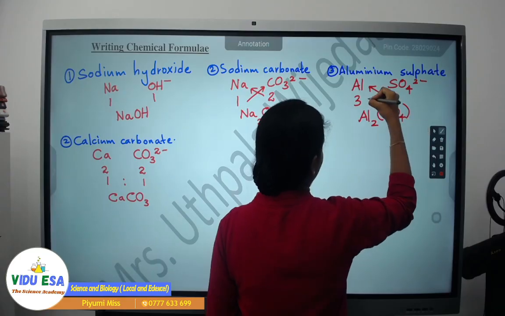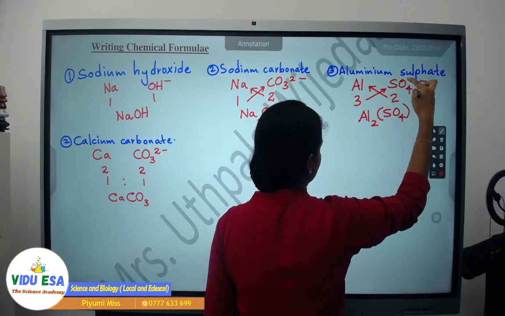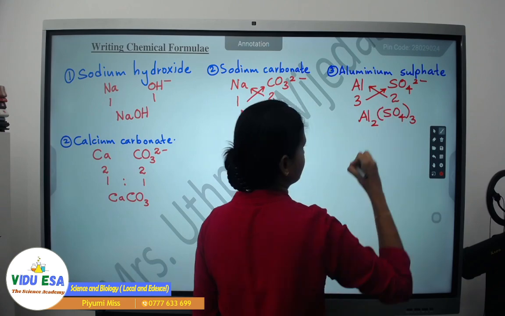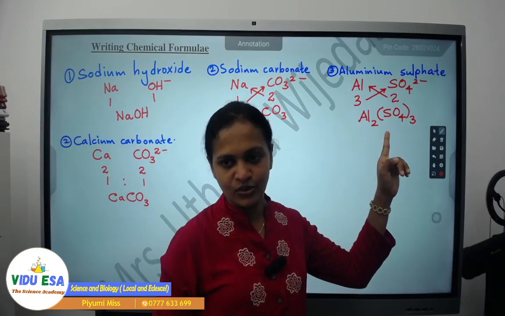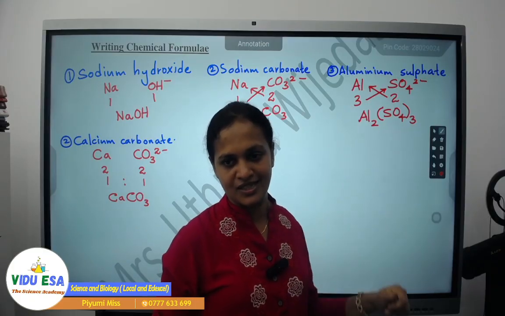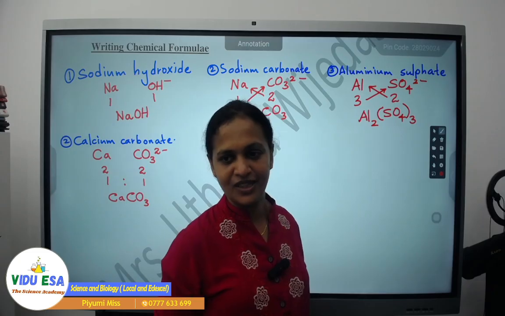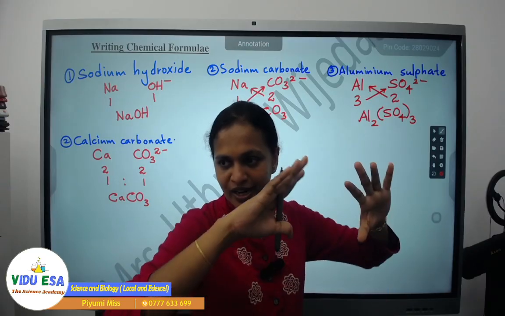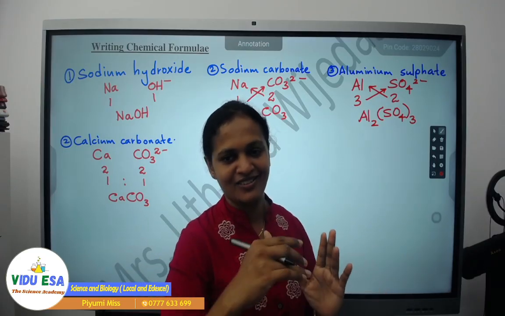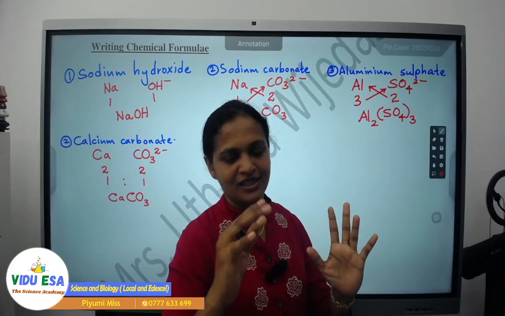Since this 3 belongs to the whole radical, we put the number 3 outside the bracket. We read this as Al2(SO4)3. If a number belongs to the whole radical, we have to put a bracket and write the number outside the bracket.